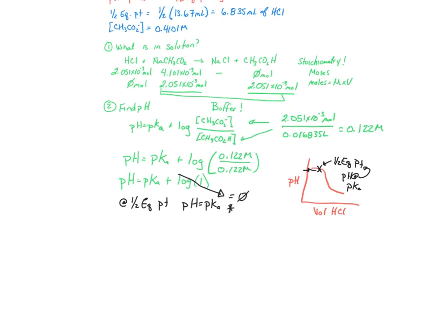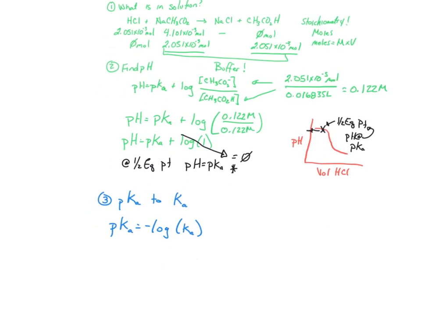Now, let's make sure that we understand our algebra for the next step. And so from the pKa, we need to find the Ka. And remember that pKa is equal to minus log of the Ka.